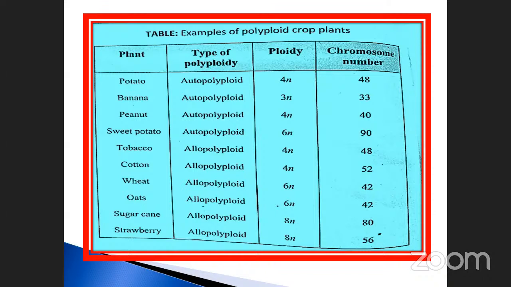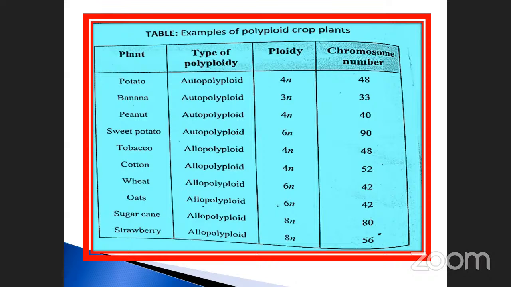Of the ten crops given here, 4 are autopolyploidy and the remaining 6 are allopolyploidy. Tobacco 4n, 48.